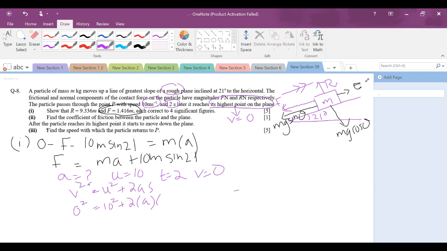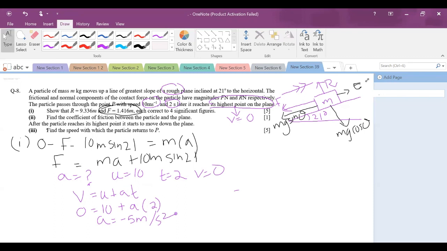It should have been v equals u plus at. V is 0, u is 10, a is a, and t is 2. So we get a equals minus 5 meters per second squared.